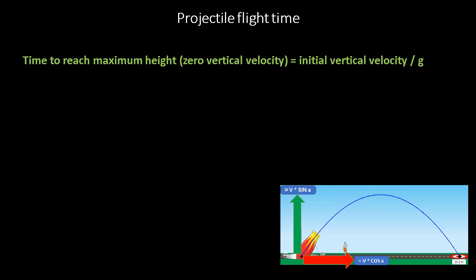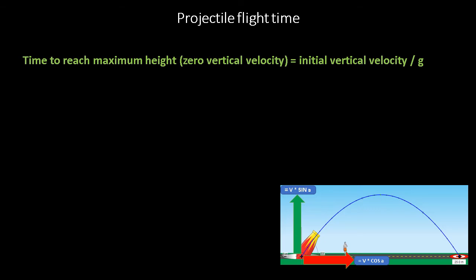Now after that we're going to do the math for the flight time, and we have two ways. The green way, that's the vertical: time to reach the maximum height, or zero vertical velocity, equals the initial vertical velocity divided by g, the downward acceleration of the earth. So we all know that there's a downward acceleration of 9.8, let's say 10 meters per second per second.